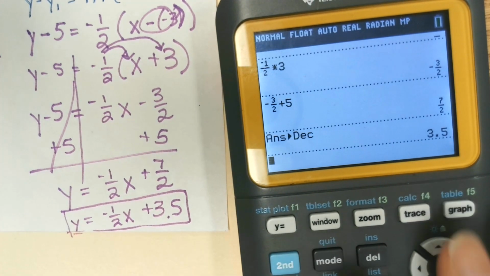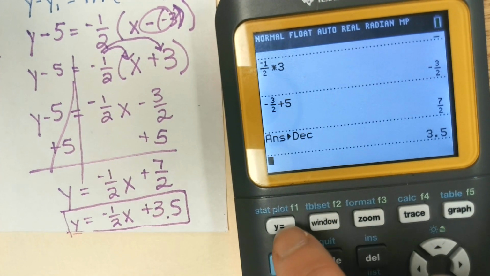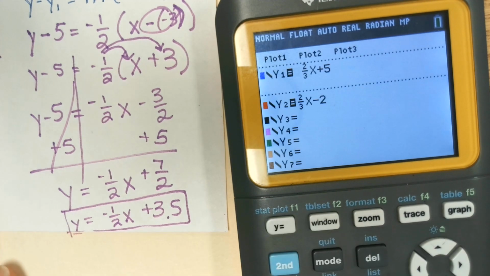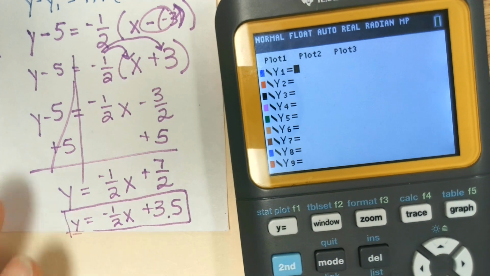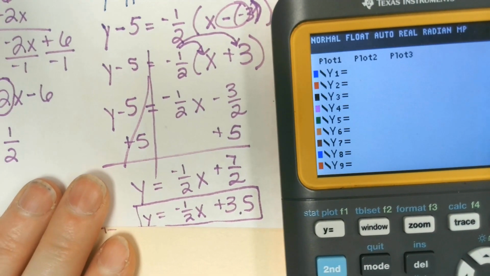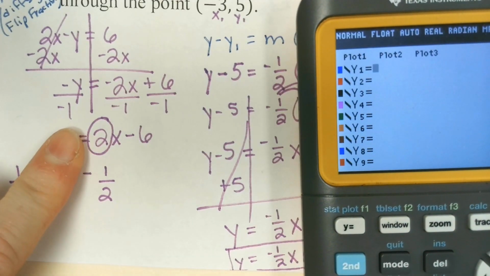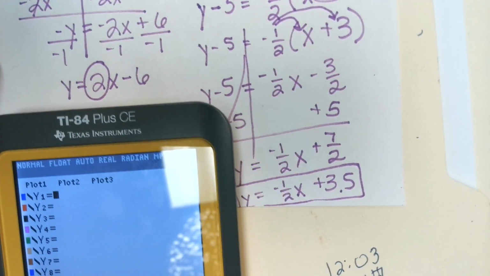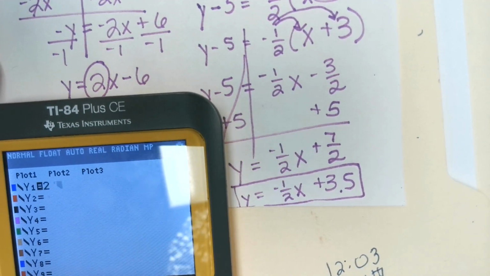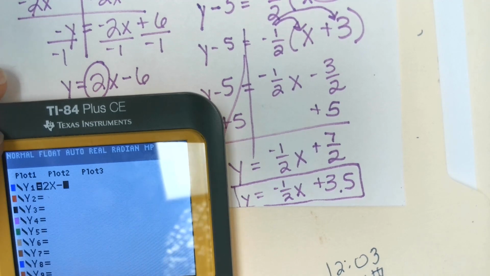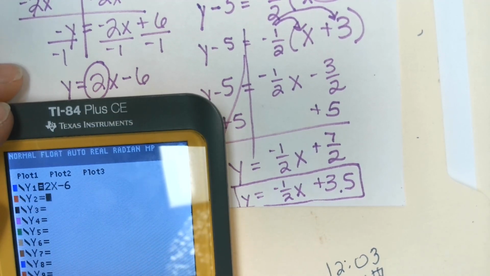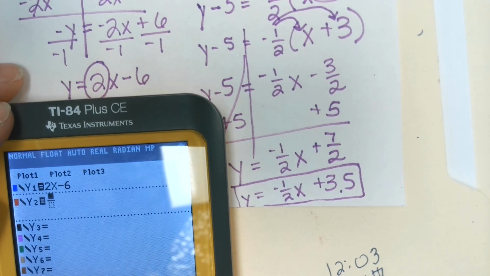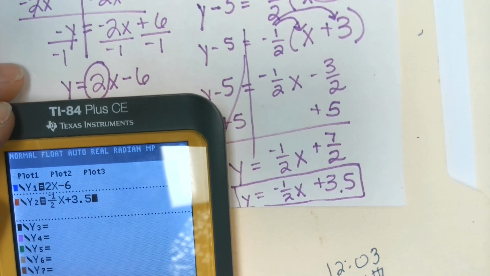All right, let's go ahead and graph it. Y equals, clear out what's in there. So we want to put in the original. This is our original: 2x minus 6. And then the new one is negative 1/2 x plus 3.5.